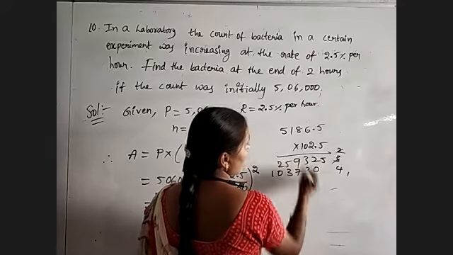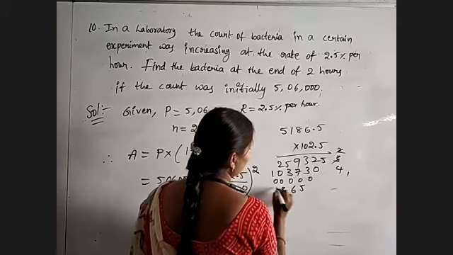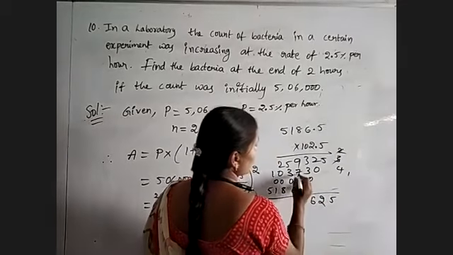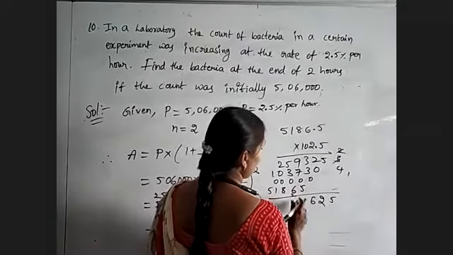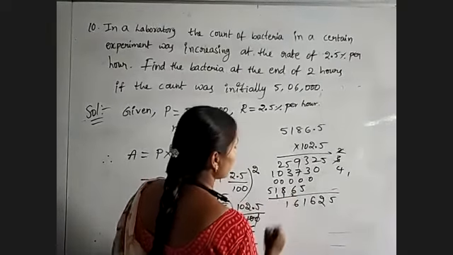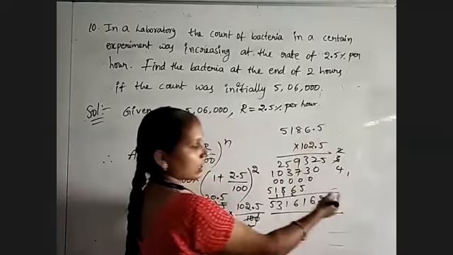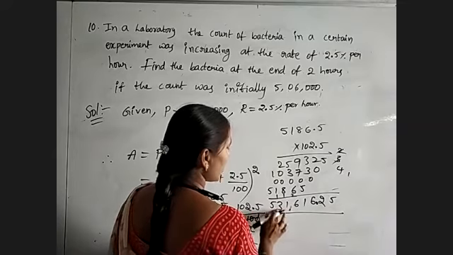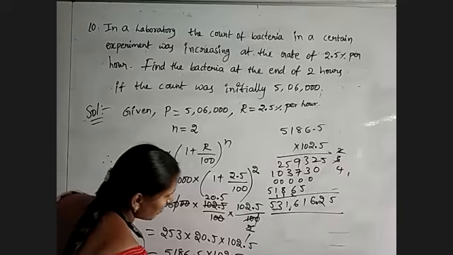Then 1 five is 5, 6, 8, 1, 5. Adding up, we get the digits, and since 2 decimal digits are there, we place the point before the last 2 digits. That gives 5,31,616.25.